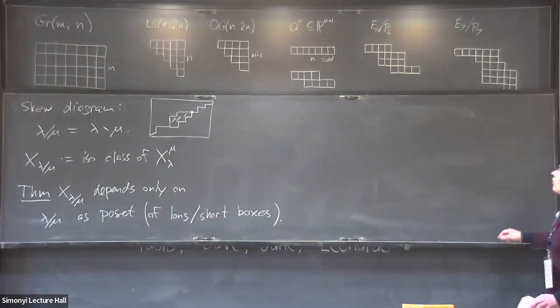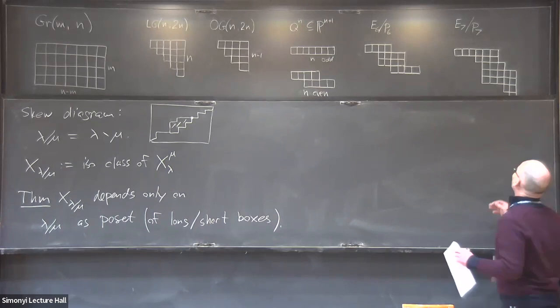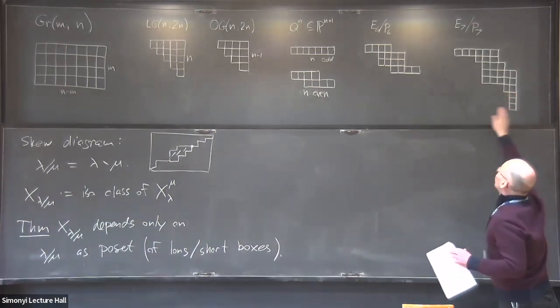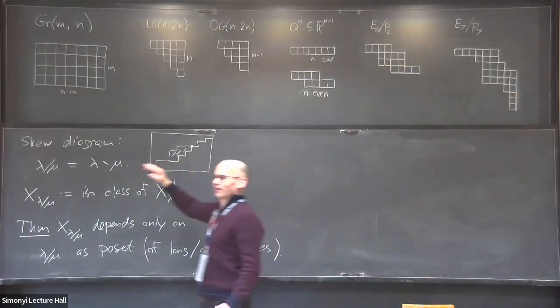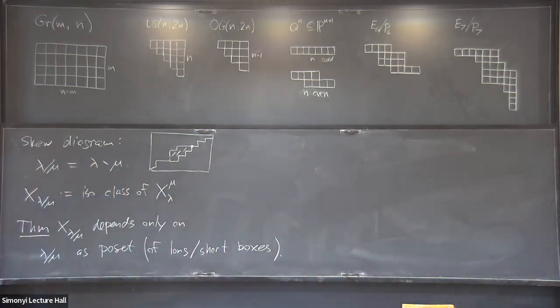All these diagrams can be realized as sets of roots. And then in the non-simply laced cases, some roots are long, some roots are short. So you have to keep track of when we say lambda/mu as a poset, with the northwest to southeast partial order, which boxes are long and which boxes are short.